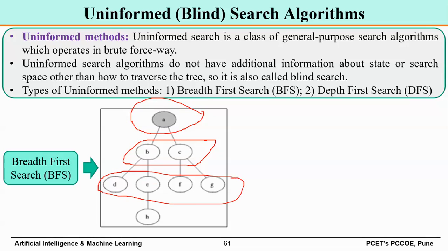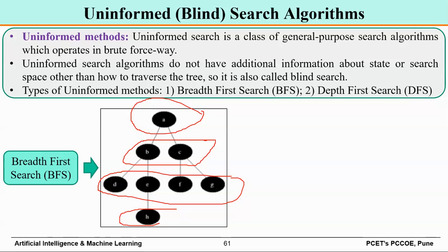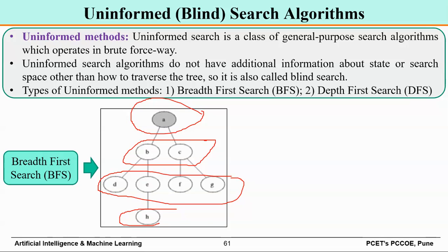So in this way we go layer by layer. We start from the first layer, then we go to the second layer and so on. If we use such an approach to reach our destination, or to identify how to reach the destination, then it is called breadth first search. So it is also called the horizontal approach. Each and every time we find out first level alternatives.